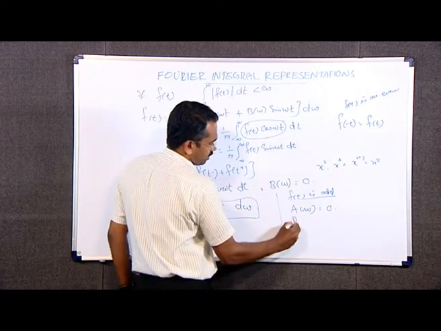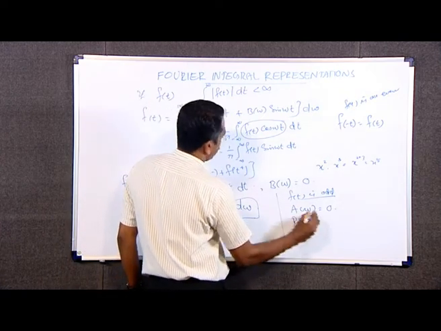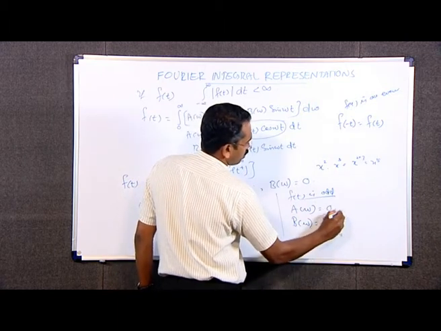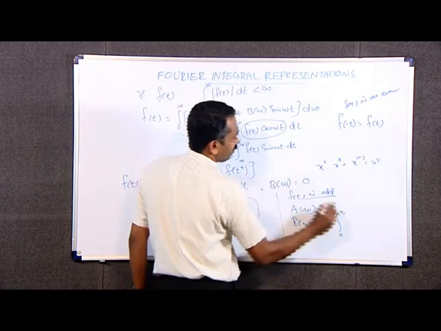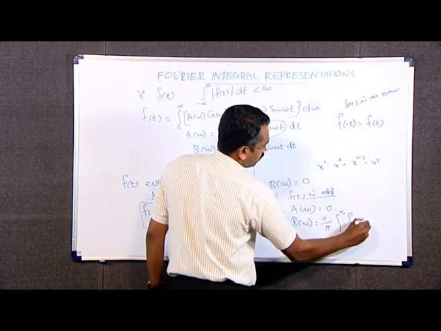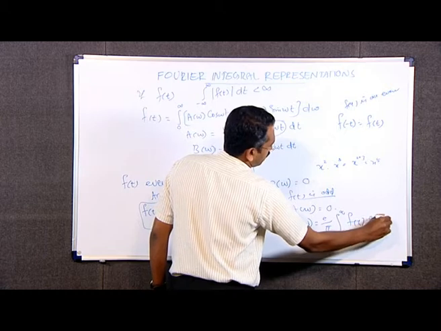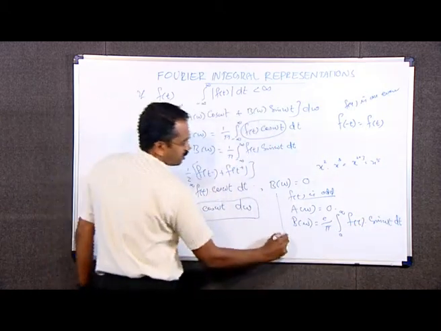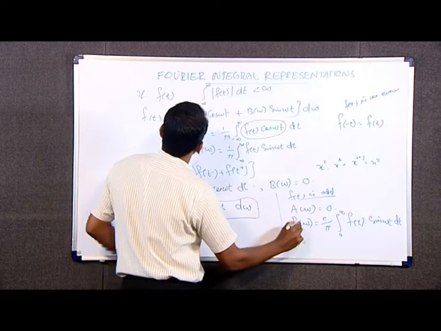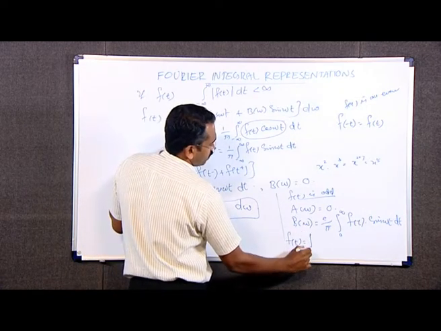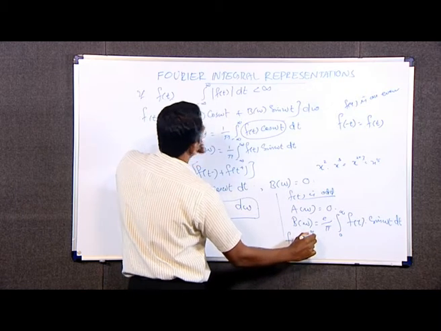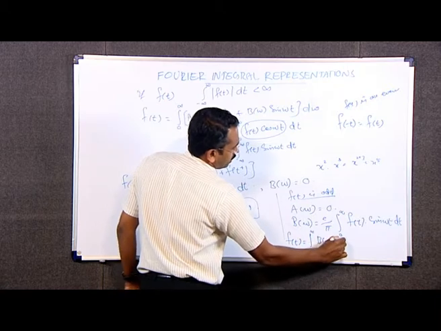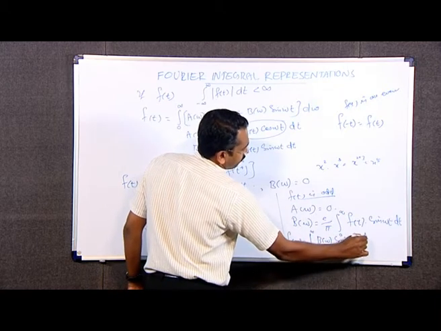b omega as 2 by pi into integral from 0 to infinity f of t into sin omega t dt, and f of t will become integral from 0 to infinity b omega sin omega t d omega.